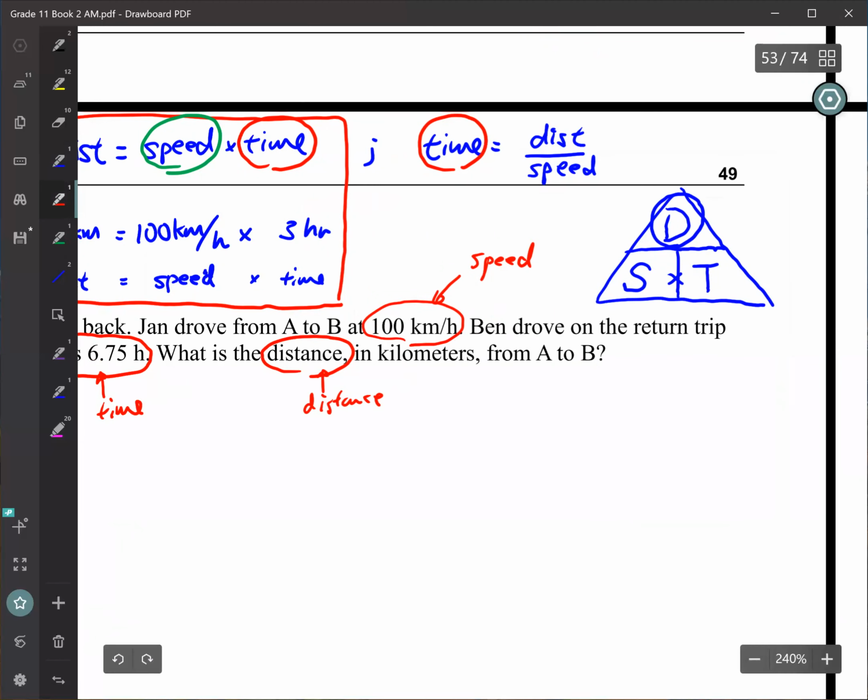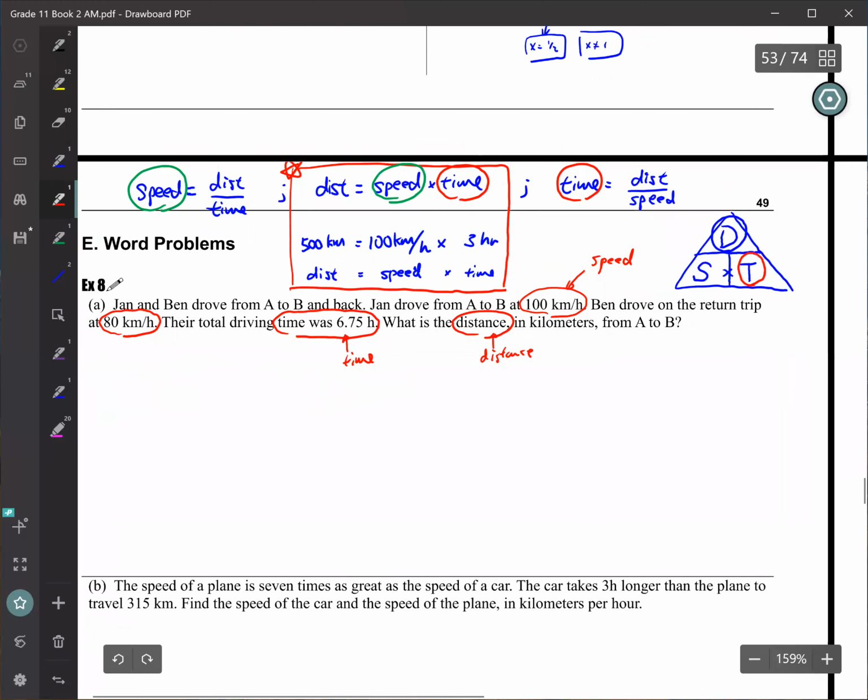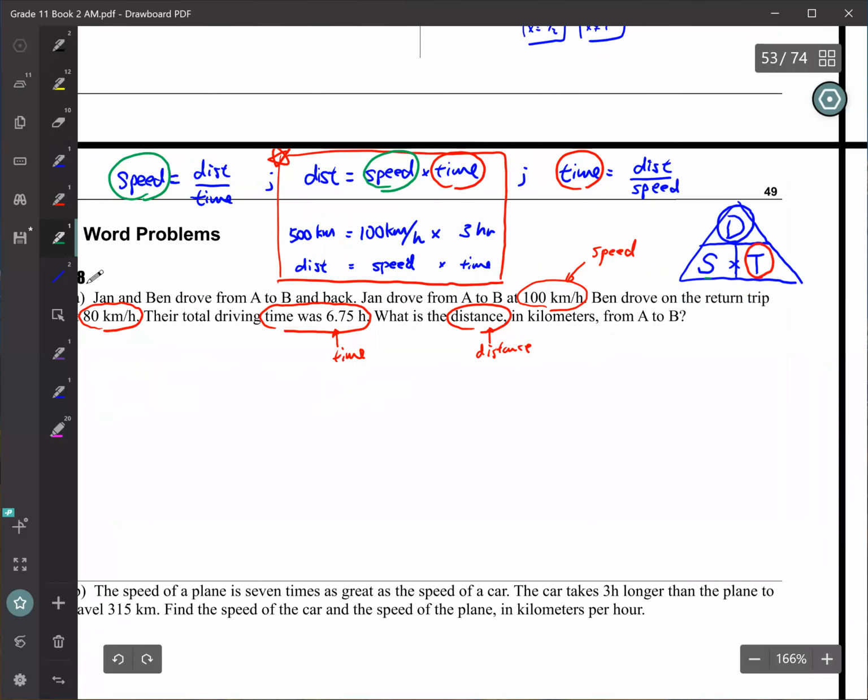If you want to find the time, the red circle, then it will be distance over speed, because distance is on the top. And if you want to find speed, then it will be distance over time. So this triangle combines three formulas together. But I would just remember the middle one, then you can get everything else.